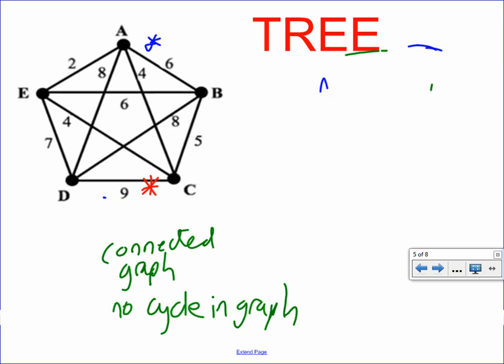So if we have A, E, B, D, C, and I create a tree here, that is a tree. Now, at the moment, that would be considered a tree, and this would be considered a tree.